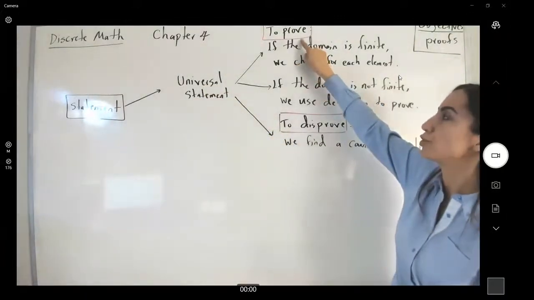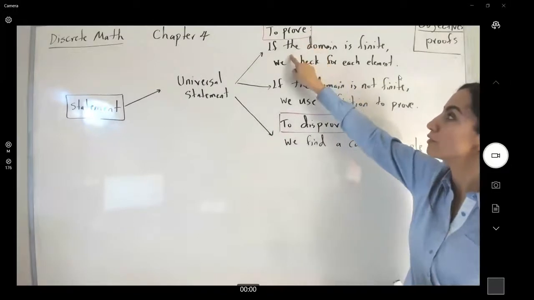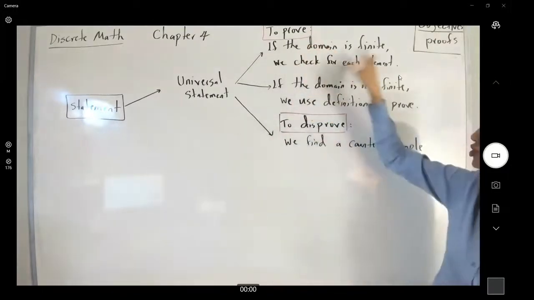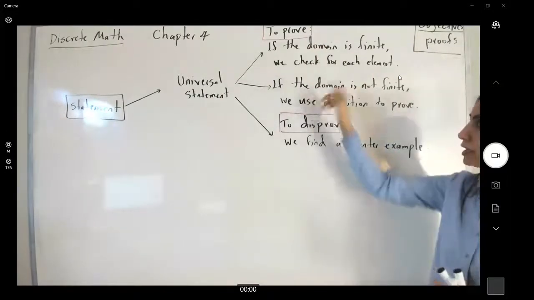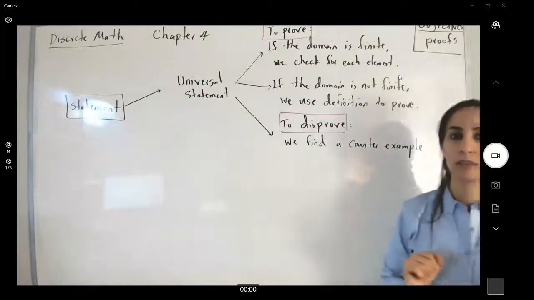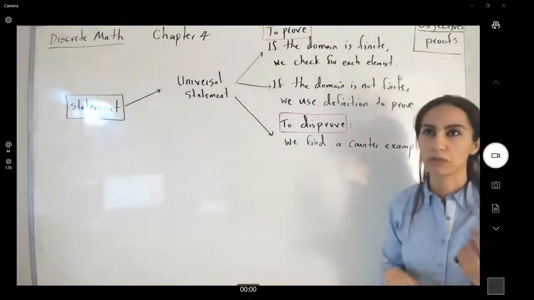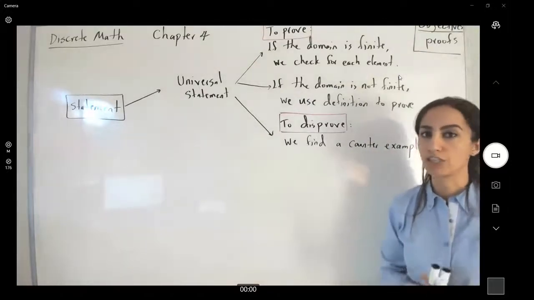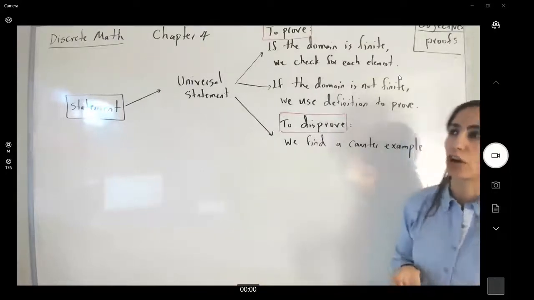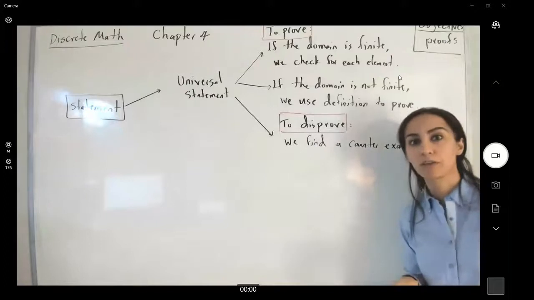So again, we have a universal statement. So far, two ways to prove a universal statement. If the domain is finite, you just check for each element. If the domain is not finite, we use the definition to prove. We check to see what definition we have. Do we have a definition of even number? Prime?